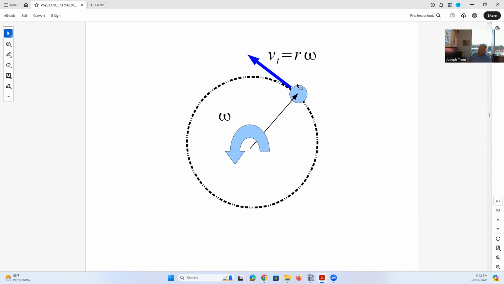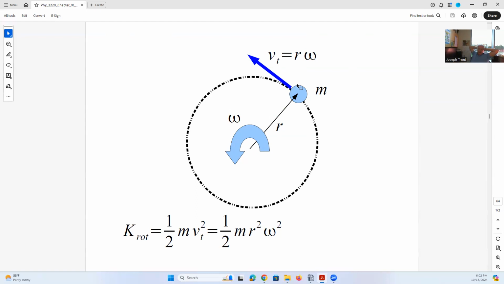All right, so we have this idea of a tangential velocity. That's the distance divided by the time, and it's equal to r omega. Now we can talk about a rotational kinetic energy.